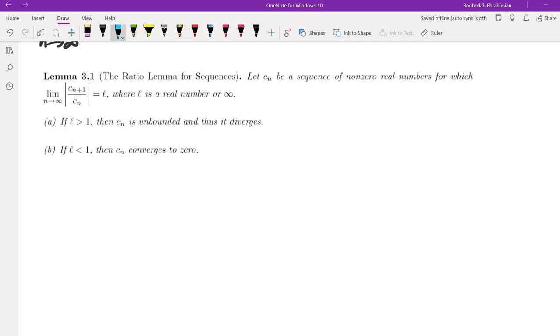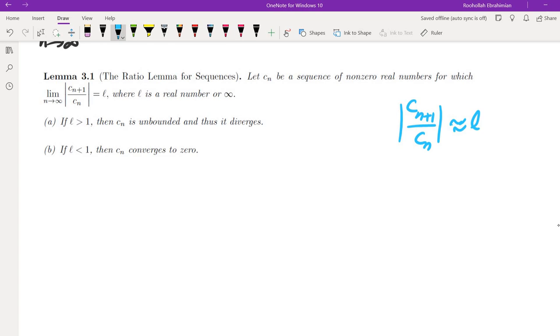It tells us, let's say you have a sequence Cn, and the ratio of the consecutive terms of the sequence approaches a number L. In other words, Cn plus 1 over Cn is roughly a number L. And this L is either a real number or it is infinity.